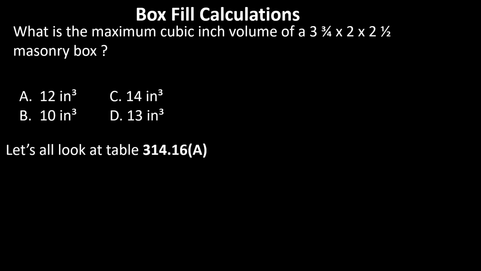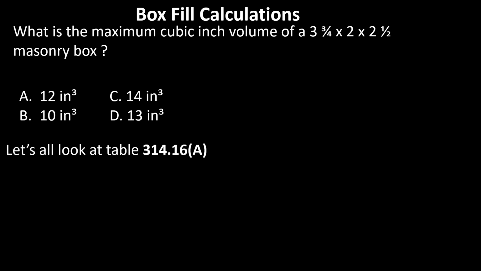First thing that we're going to do is we're going to find our box. So it told us the type of box and it told us the dimensions. So when we go down here in our types of boxes, we find that there's only 2 masonry boxes that are listed. So let's start at the first one, 3 3/4 by 2 by 2.5. That's us. So we're going to lay our piece of paper or our straight edge down, and where we're going to find the cubic inch total is in that middle skinny column.